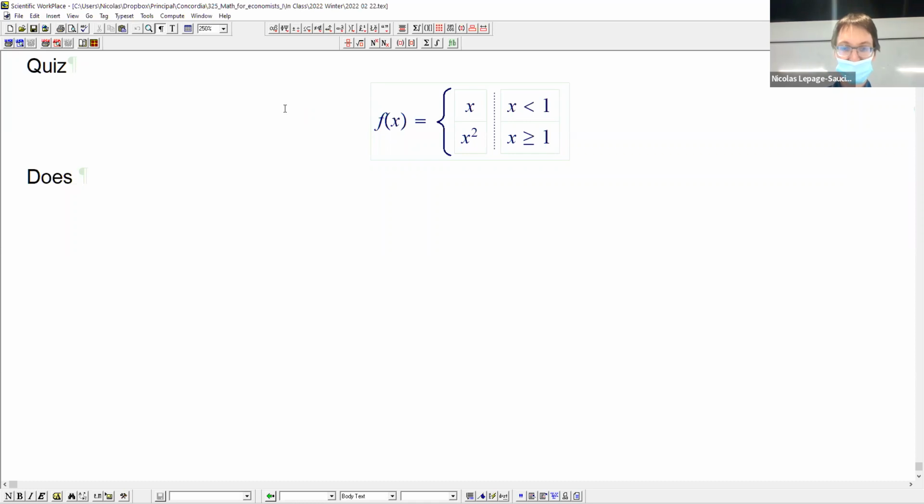That's f of x. And the limit at x equals 1.